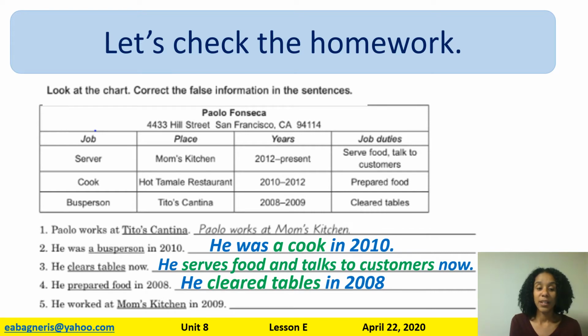Let's look at the last one, number 5. He worked at Mom's Kitchen in 2009. Again, we're going to look at the chart and look for 2009. In 2009, what was he doing? Was he working at Mom's Kitchen? No. Where did he work?